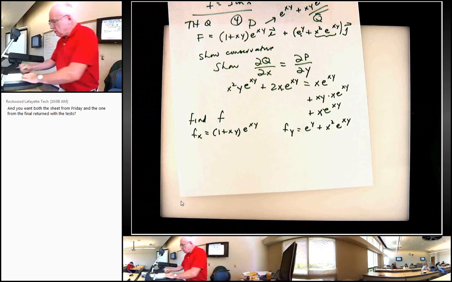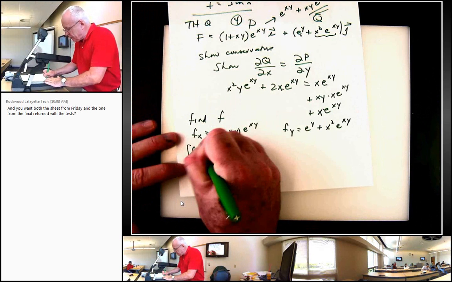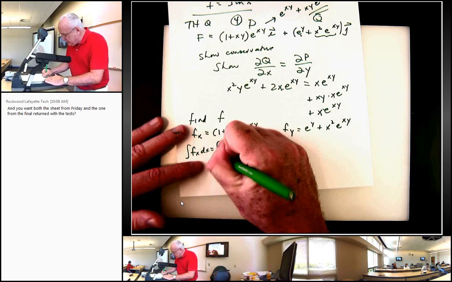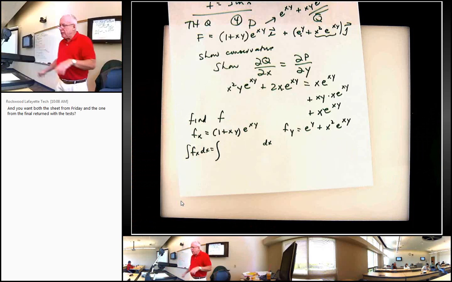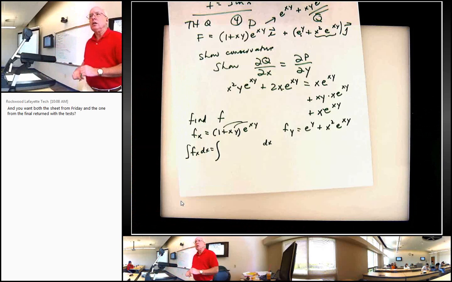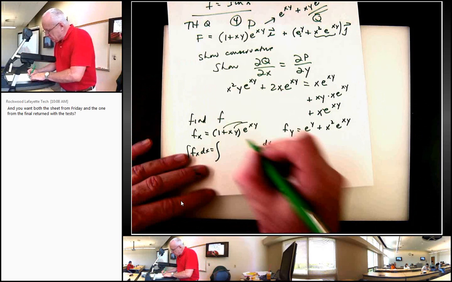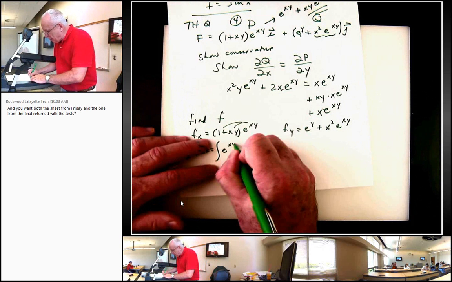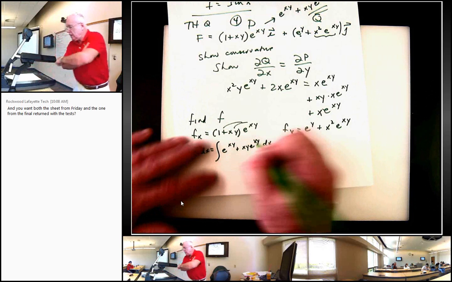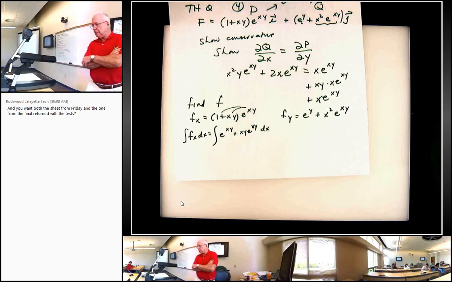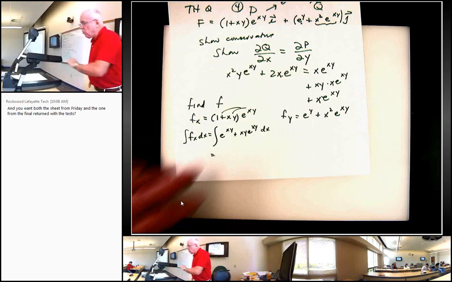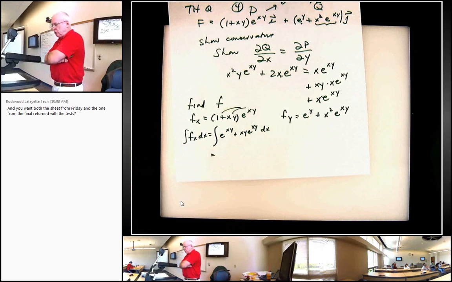So we need to do the antiderivative of the first one with respect to x. And I think what I did here again is I just distributed and then went on and did it. So that's e to the xy plus xy e to the xy. Okay, this is with respect to x. So first of all, what am I going to get for that first term?